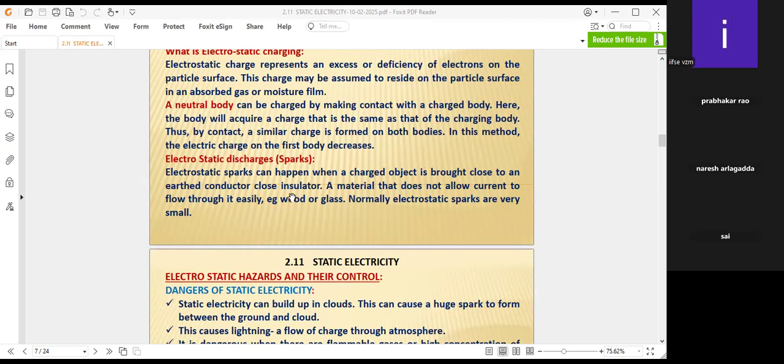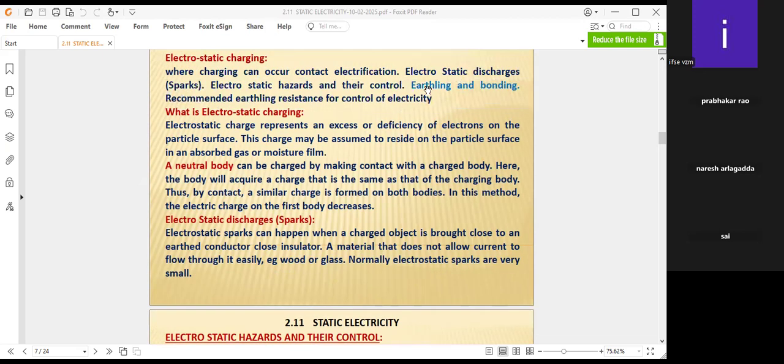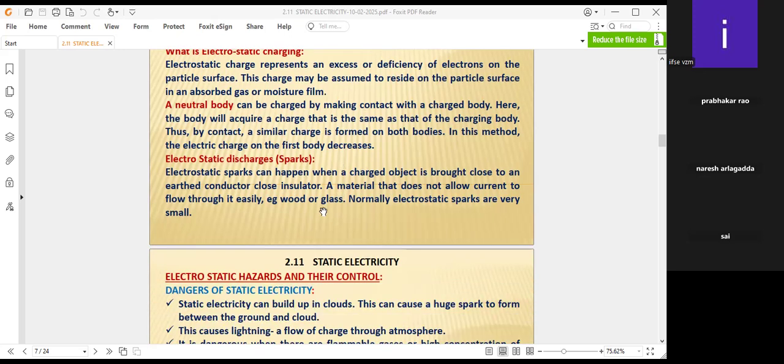Suppose in place of the insulator another charged body comes; then there is an imbalance of electrons. That's why electrostatic discharge sparks come when two charged bodies come close together, but when a charged body comes to an insulator, nothing will happen.